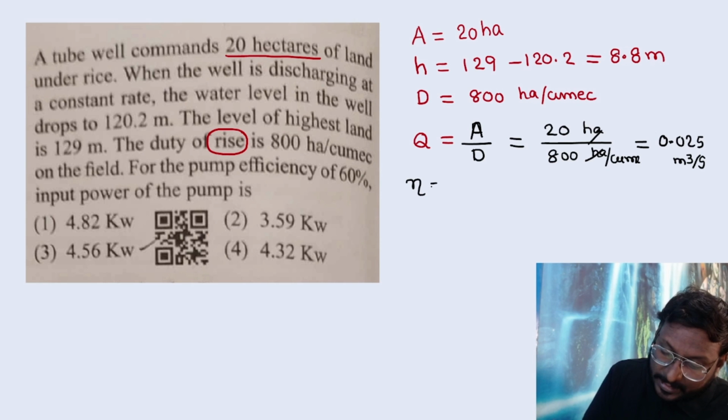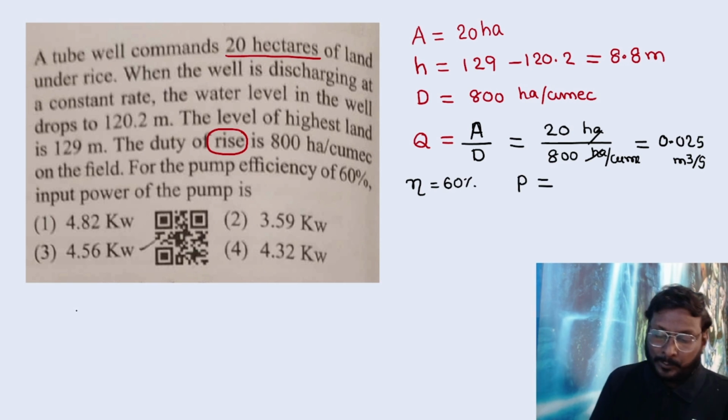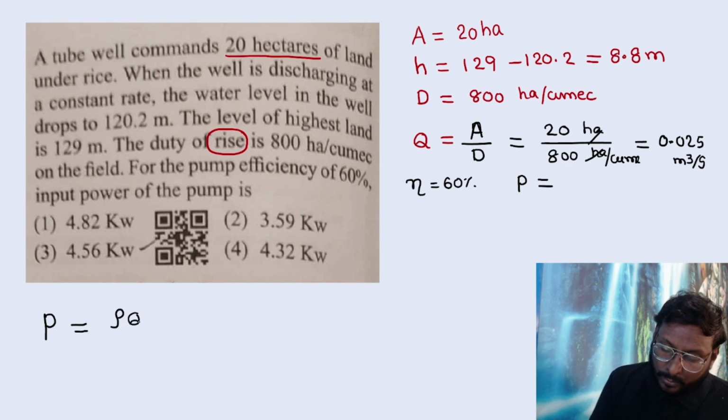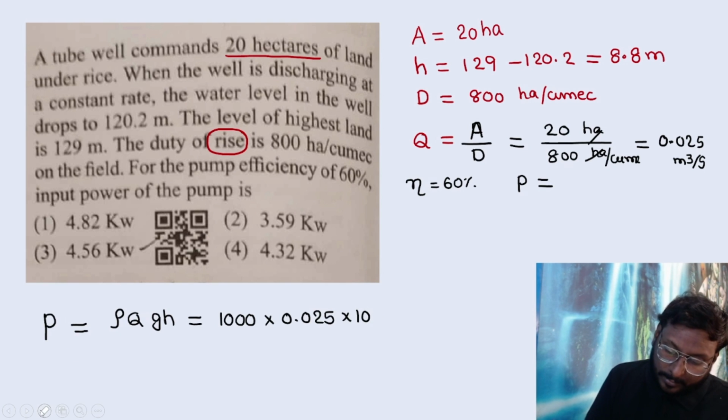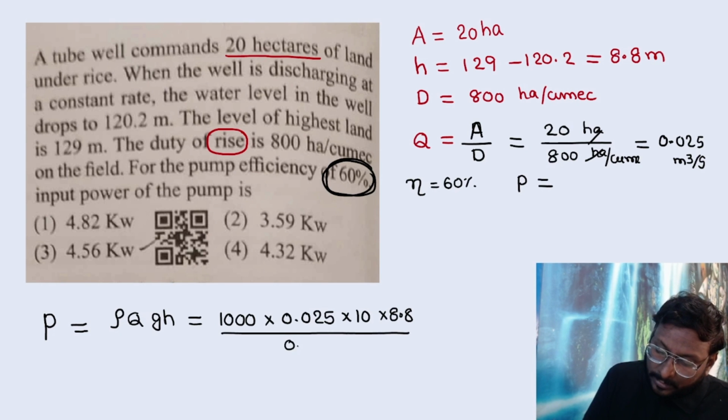Pump efficiency is 60%. What is the input power? Input power P equals rho Q g H divided by efficiency. Density of water is 1000, discharge 0.025, g you take as 10, you can round it off to 10, no problem, H is 8.8, but efficiency is mentioned as 60%, so divide by 0.6.